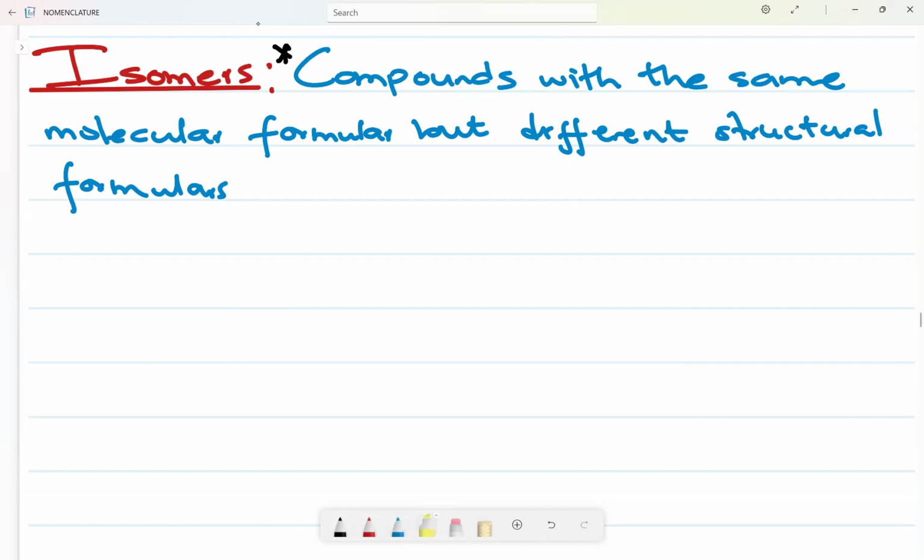Isomers is just a collective word. Now we have types of isomers. Let me start by talking about what we refer to as a chain isomer. A chain isomer also has its definition.